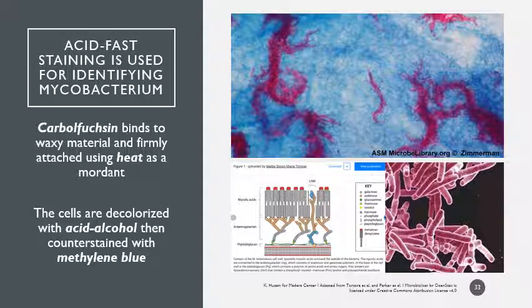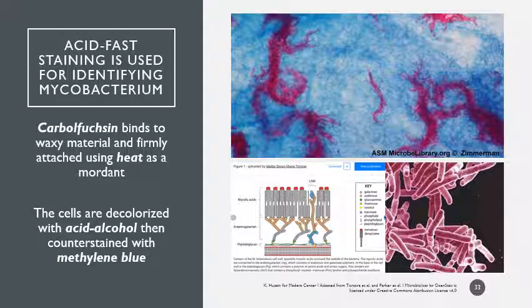We use carbol fuchsin, which is a pink dye, and that is going to stick really nicely to those mycolic acids. We then use heat as a mordant, and we use acid alcohol to wash away the carbol fuchsin from any cells that do not have those waxy mycolic acids.